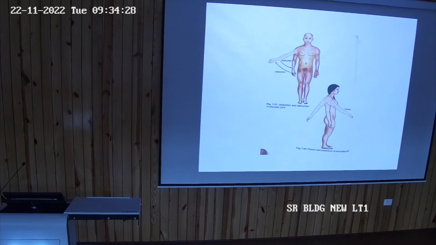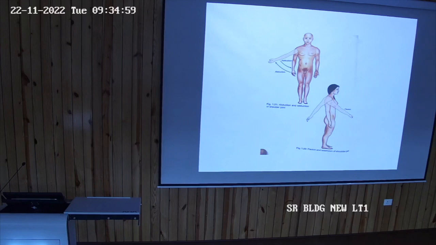For example, in the beginning we will start with the limbs, upper limbs, then the thorax, and lastly the head and neck and brain. Then comes the abdomen, lower limb. The abdomen is again divided into two parts, pelvis and this part. This type of teaching is called regional anatomy.